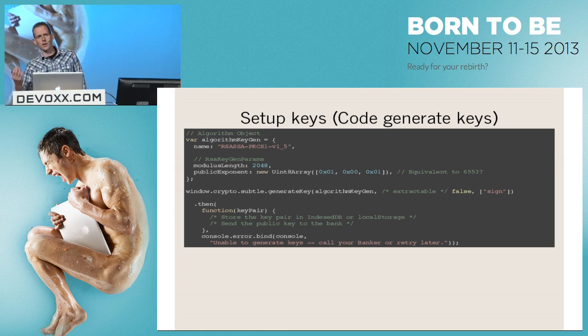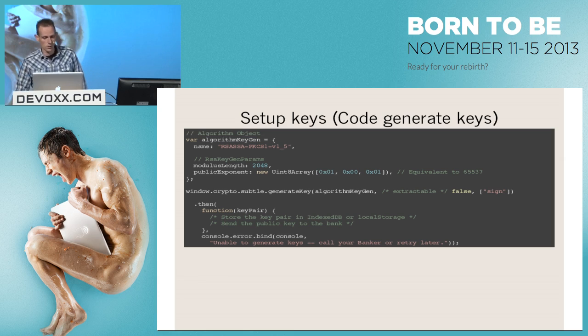Because generating a key takes some time, we want to do it asynchronously and not block the UI thread. That's why you provide a callback function. When the key is generated, it gets called, and you can store your key pair using IndexedDB or local storage, and you can send your public key to the bank.